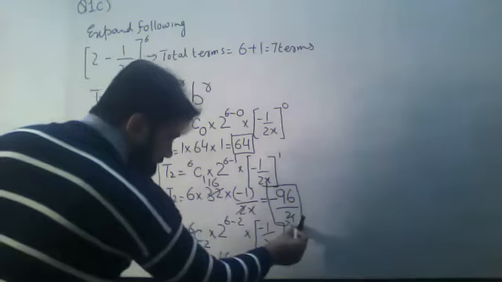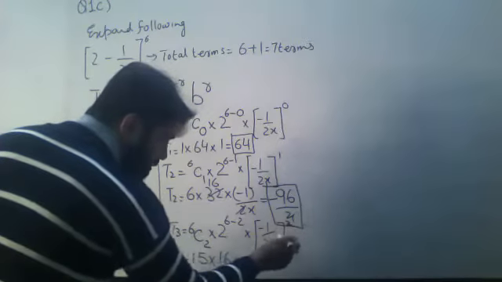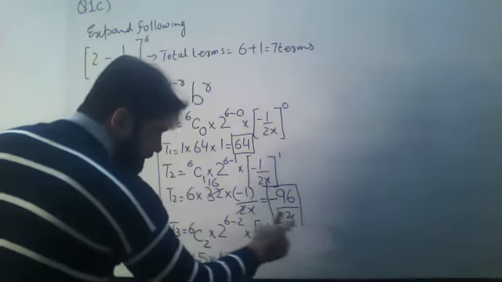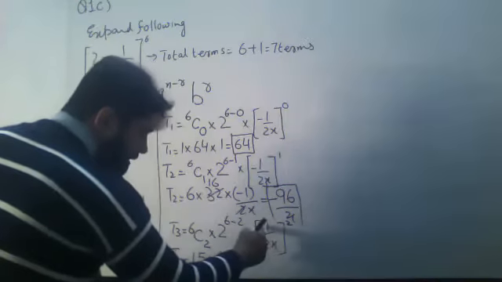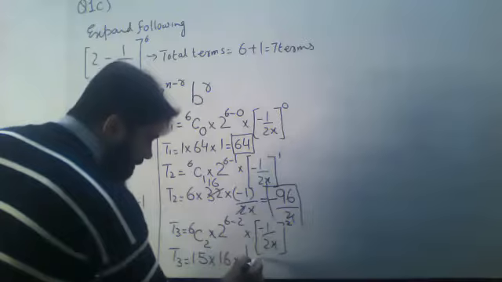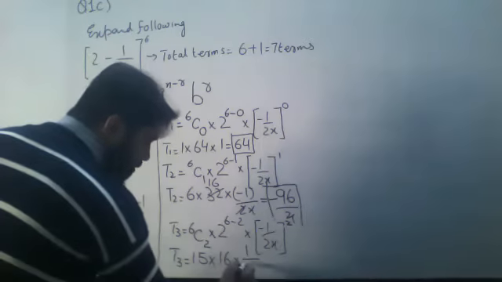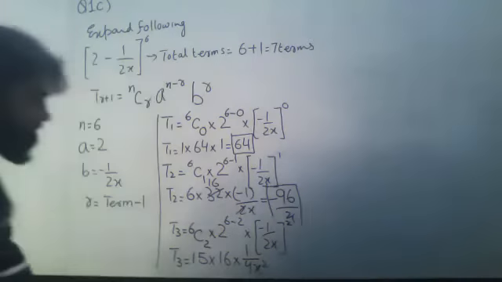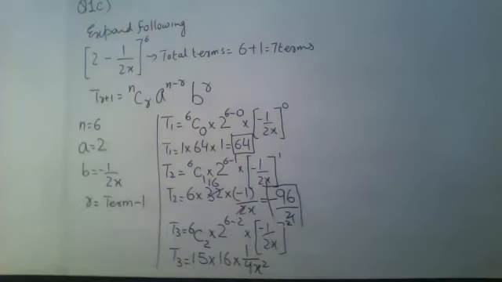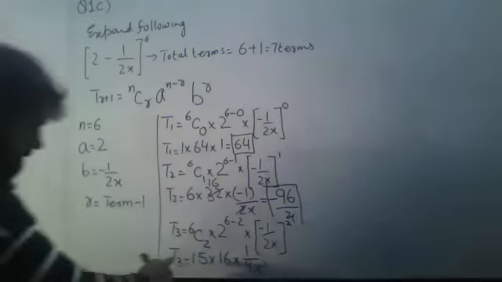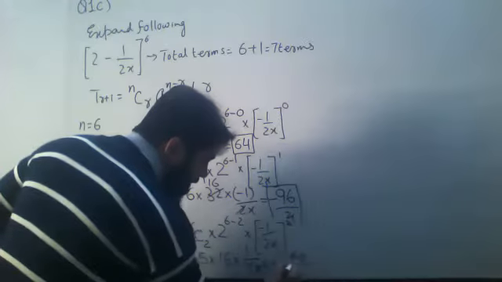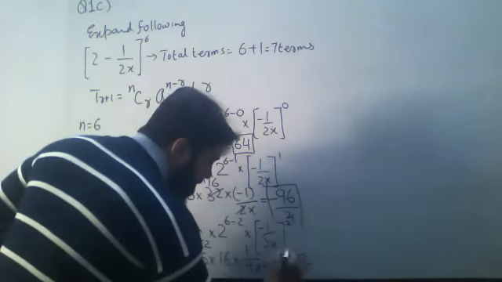On this bracket, I have got a square. So minus 1 square will be 1 over 2 square will be 4, x will be x square. Okay, so when I simplify, the answer of this whole thing is 60 over x square.